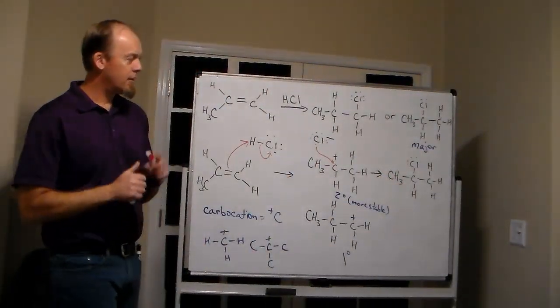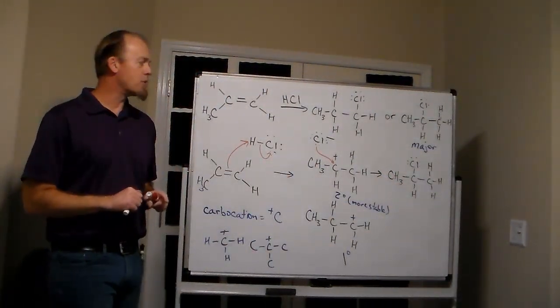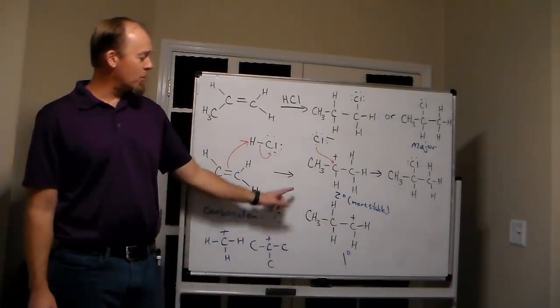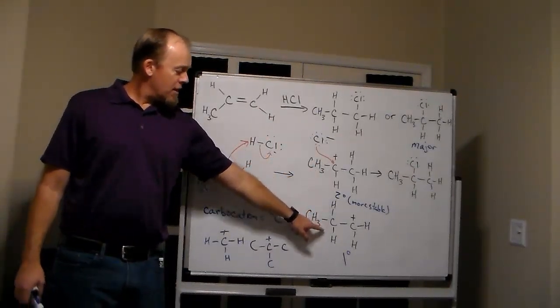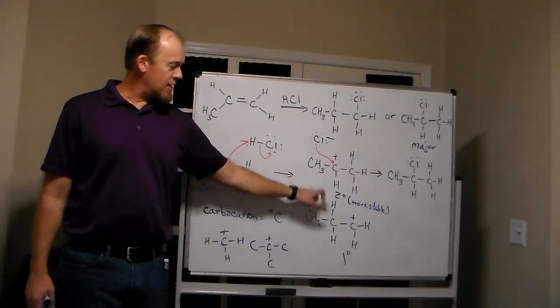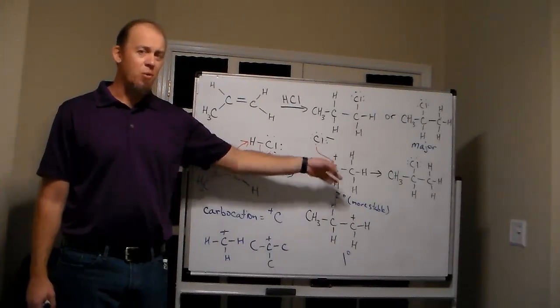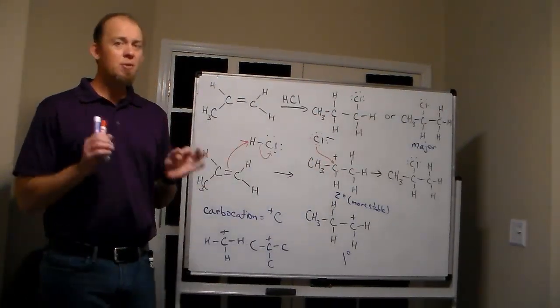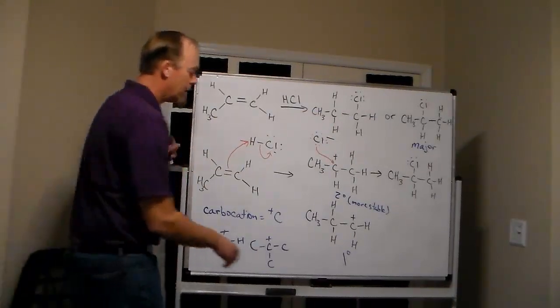And we get that product that we call the major product. It's the major product because it's the one that's most likely to be formed. It's most likely to be formed because this hardest step to perform is going to take the easier path, the one that makes the more stable intermediate. So this is why we see what we do.